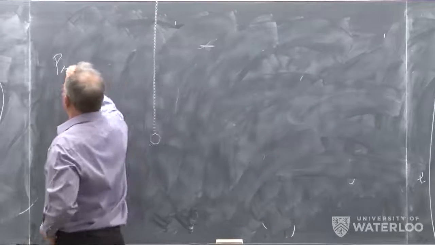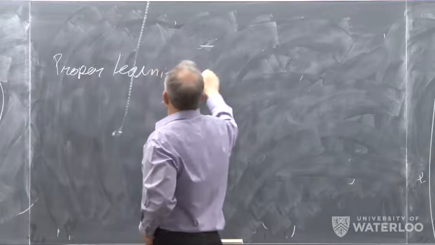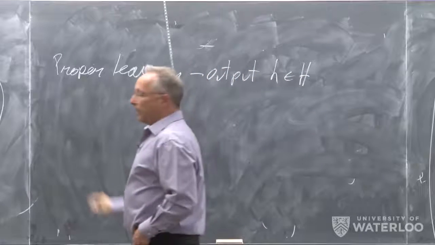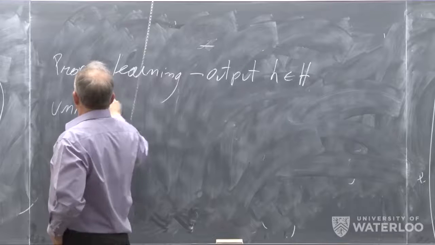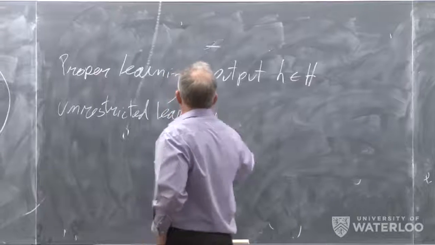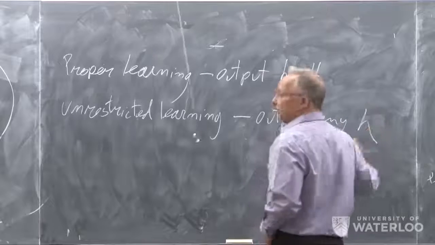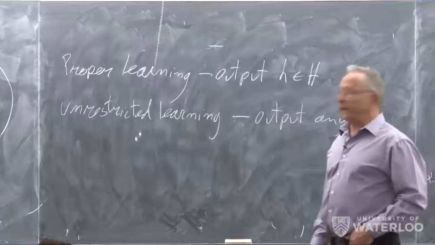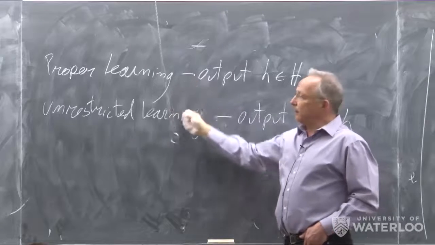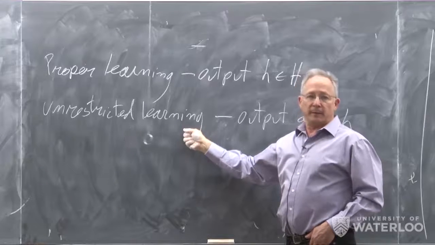There is a distinction between proper learning, when you have to output h in H, and unrestricted learning, when you can output any h. We switched from ERM, which is always proper learning, ERM always gives you something in your class, to unrestricted learning, and it allows us to overcome the computational barrier.